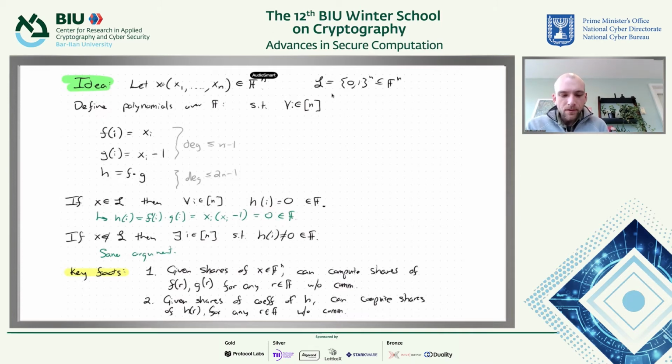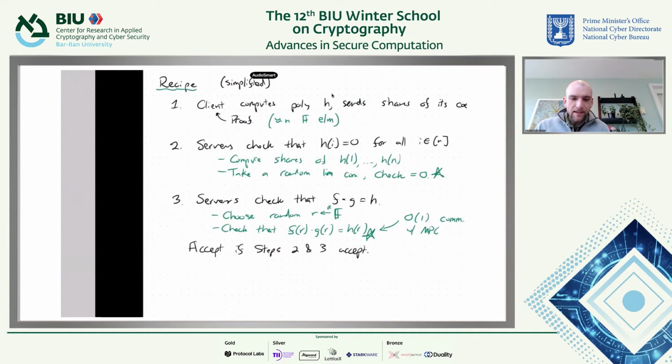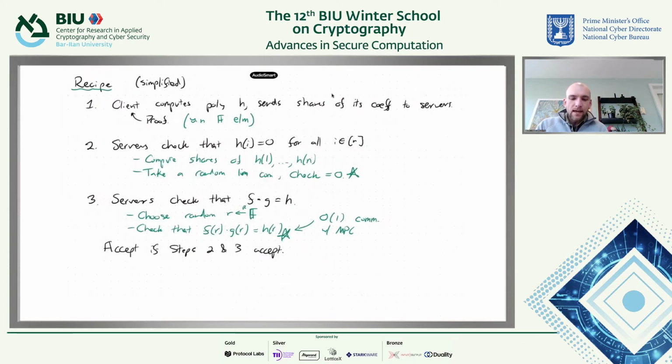So there's two steps. One is checking that h of i is equal to 0 everywhere. That's what the servers do first. And the second is checking that h is computed correctly. That's the last check the servers do. If you patch all of this together, you can be convinced that this protocol is simultaneously complete and sound, and can be made to satisfy this honest verifier zero knowledge notion.